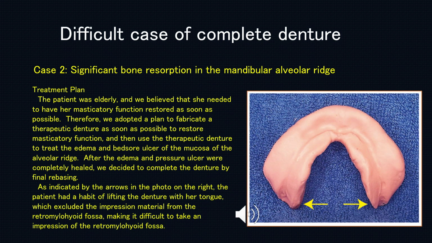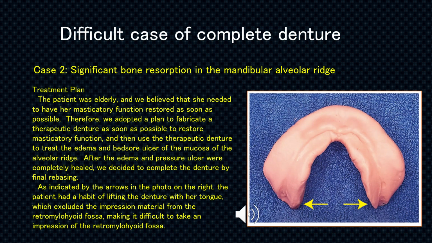Therefore, we adopted a plan to fabricate a therapeutic denture as soon as possible to restore masticatory function, and then use the therapeutic denture to treat the edema and bedsore ulcer of the mucosa of the alveolar ridge. After the edema and pressure ulcer were completely healed, we decided to complete the denture by final rebasing, as indicated by the arrows in the photo on the right.